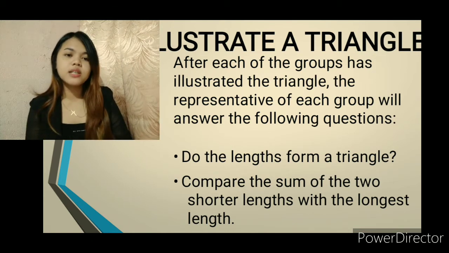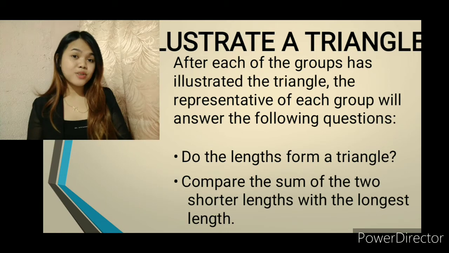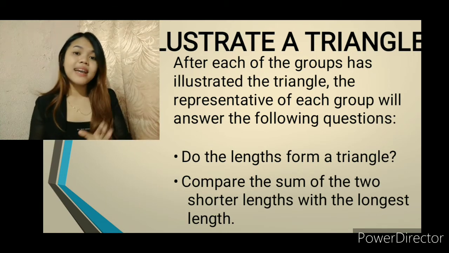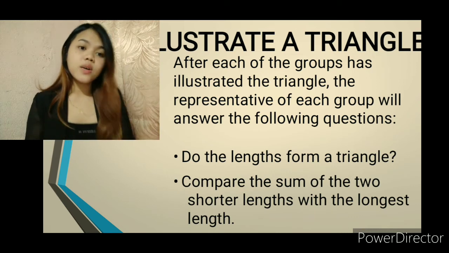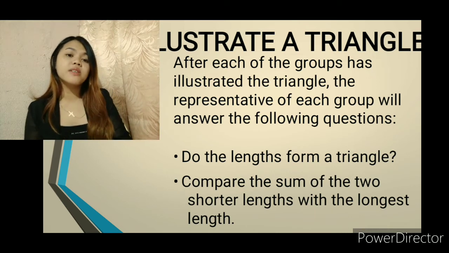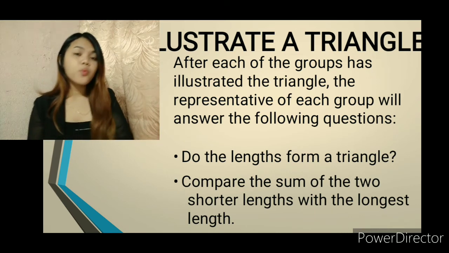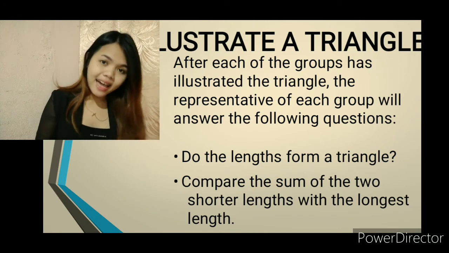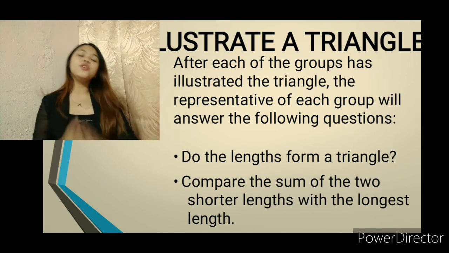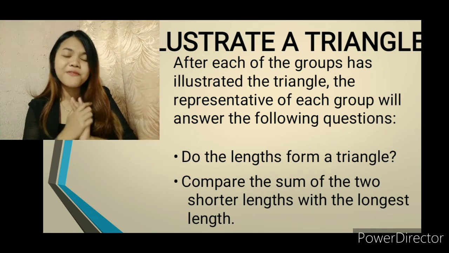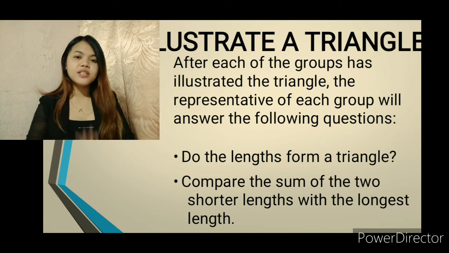First question, do the lengths form a triangle? That is answerable by yes or no only, okay? And the next question, compare the sum of the two shorter lengths with the longest length. Is that clear?